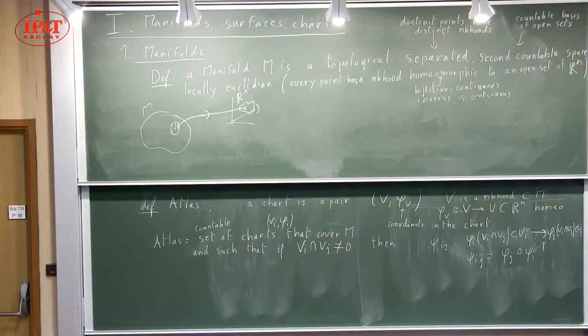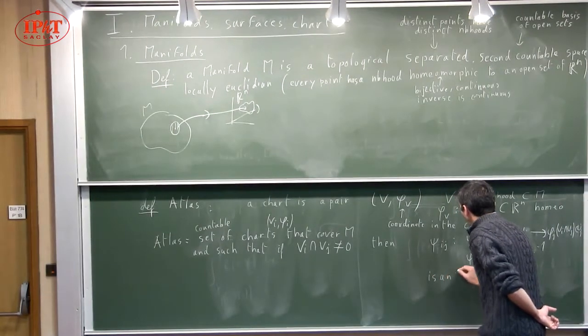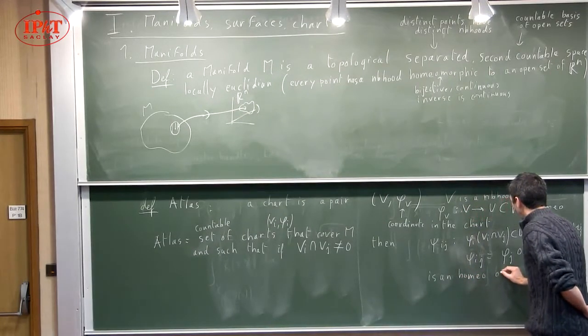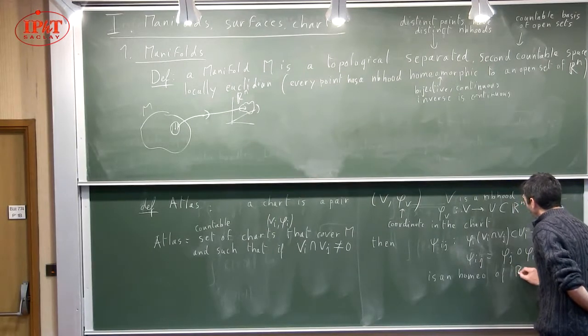So it's a homeomorphism of Euclidean spaces, a homeomorphism of R^n.